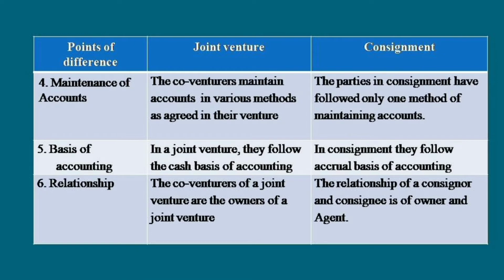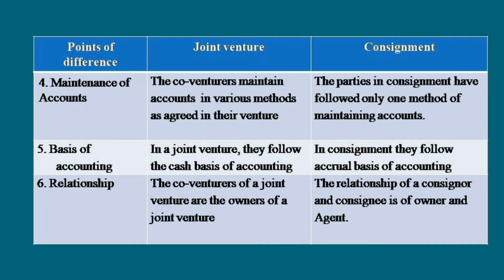With regard to maintenance of accounts, in a joint venture, the co-venturers maintain accounts in various methods as agreed in their venture, whereas in consignment, the parties follow only one method of maintaining accounts.